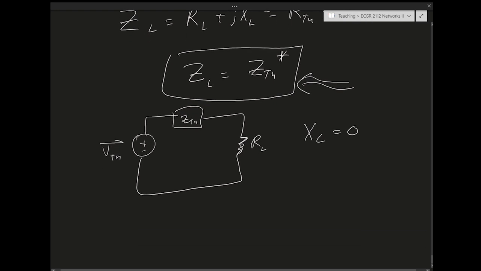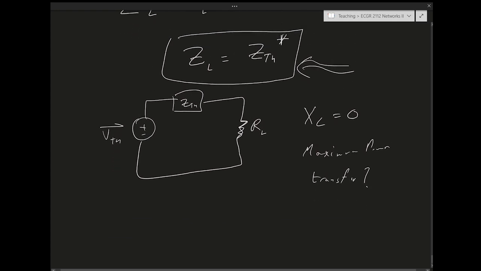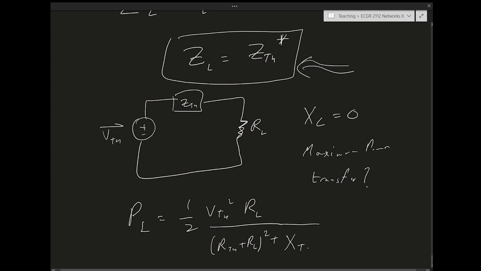Under this condition, when does the maximum power transfer occur? It's a special condition, not a general condition, right? Well, here we have to do the analysis. We rewrite PL as half V Thevenin squared RL over (R Thevenin plus RL) squared plus XL, which is 0, so we end up with X Thevenin squared.